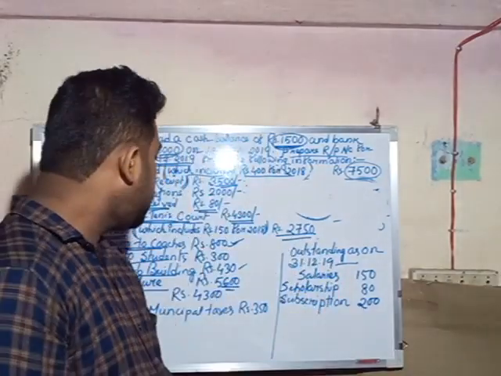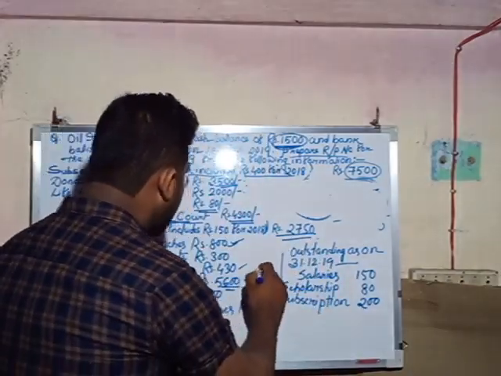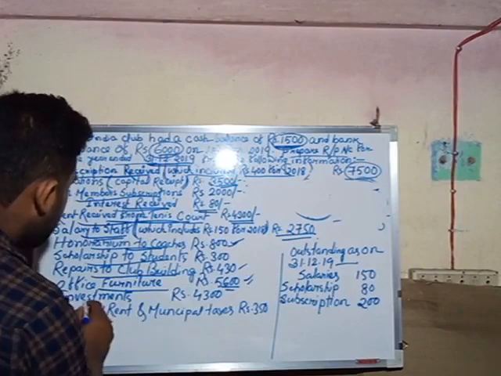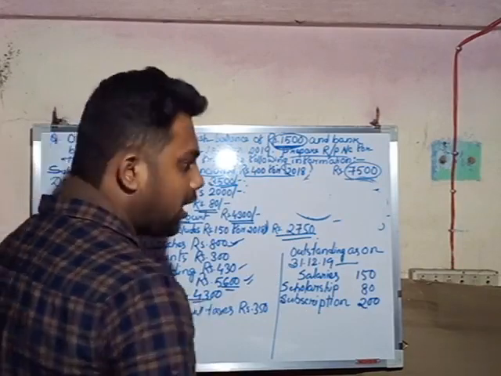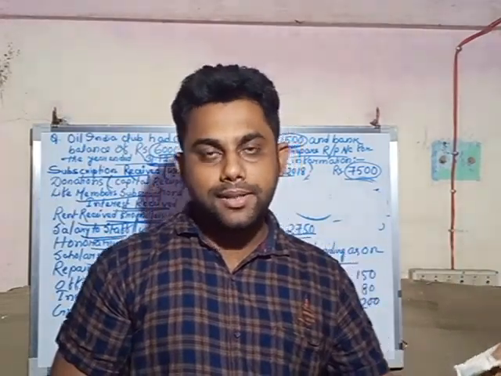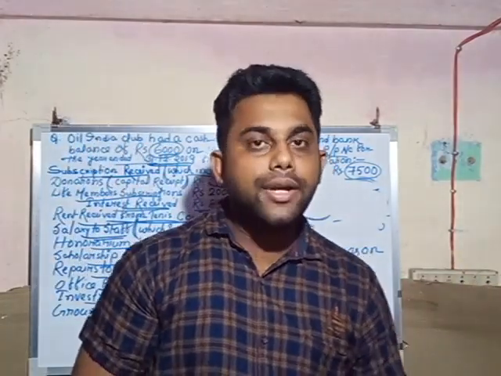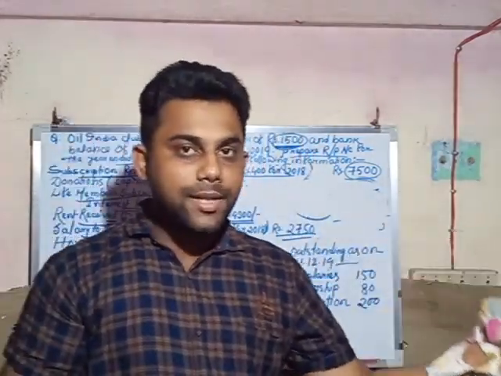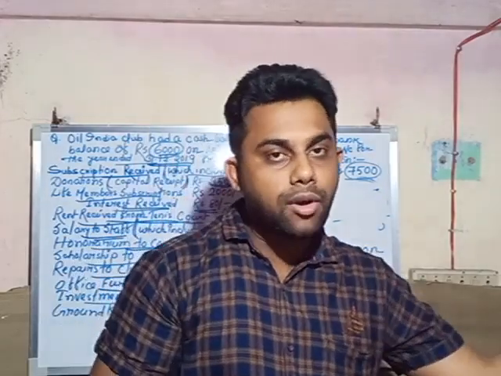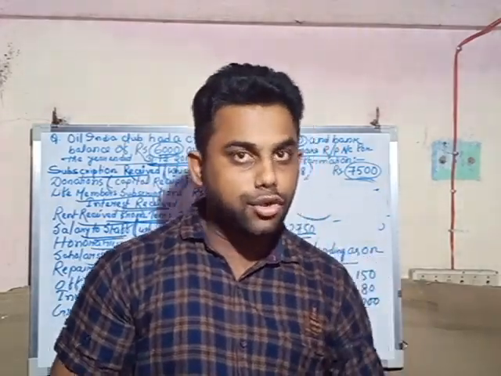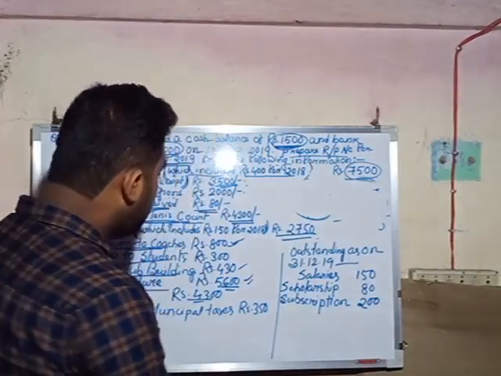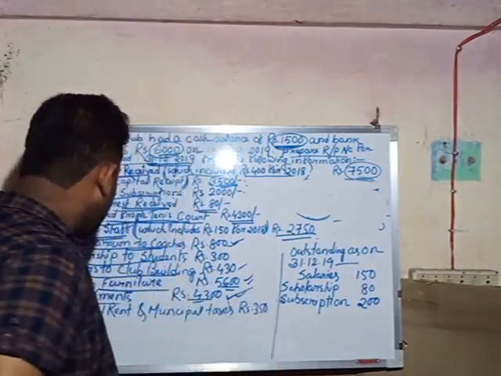So it is a payment for the non-trading organization, so it comes in the payment side. Next one is the investments, rupees 4,300. Suppose they have purchased a share or invested in some kind of mutual fund. Whenever they invest, they have to pay the amount to that investment organization. So it is a payment for the non-trading organization. It will come in the payment side of the receipts and payment account.